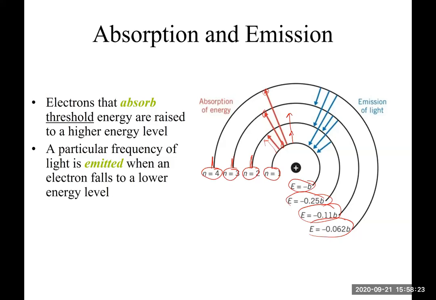Again, the only problem with Bohr's model is, number one, it didn't explain anything besides hydrogen, that one single electron, and that's what this diagram is showing you, one proton in the center and one electron. And that electron, according to Bohr's model, was orbiting around that positively charged nucleus. And quantum mechanics later found out that electrons do not orbit, and so we cannot know their exact location in that energy level.